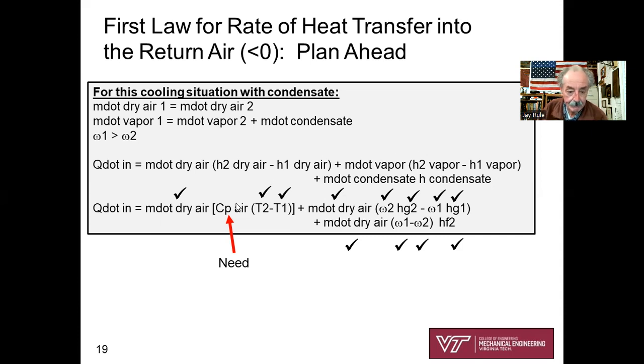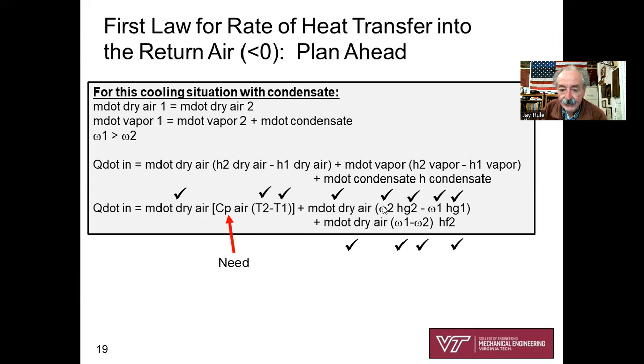All right. How do we simplify and get things straightened out? Well, we've got Q dot in equals m dot dry air times the enthalpy change. Air is an ideal gas, and for this small change in temperature, delta H is Cp times delta T. So we need Cp of air. We've got delta T of air. That's given. Now, here's where I made my correction.